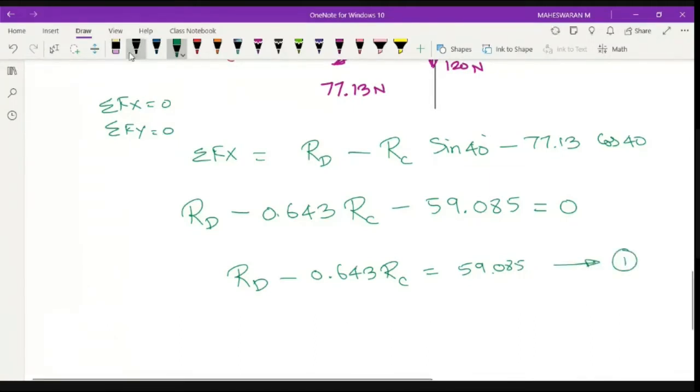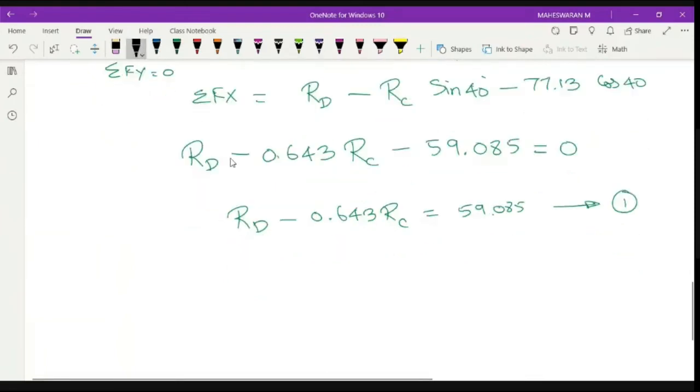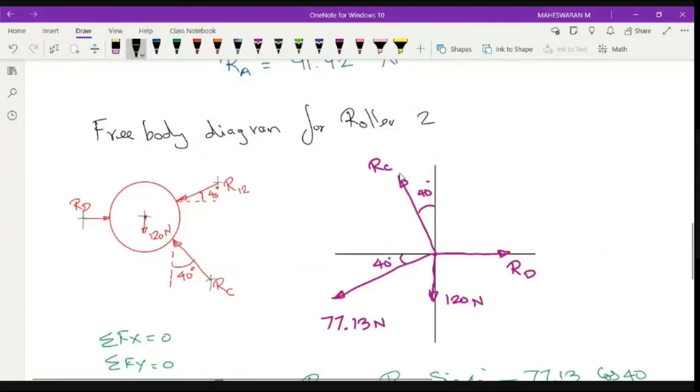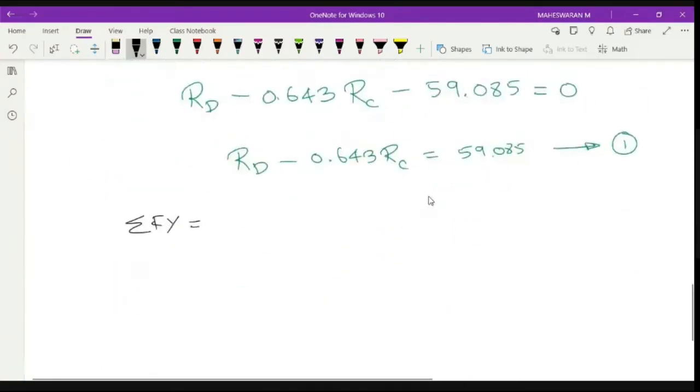Now I'll go for sigma Fy and equate it to 0. Let us identify sigma Fy directly. The first force is already on the x-axis, so you need not consider it. Second force, bring it to y. It is positive y and your angle is decreasing. So it is RC cos 40.